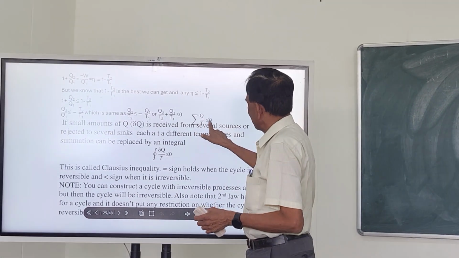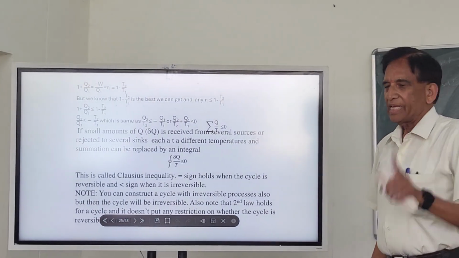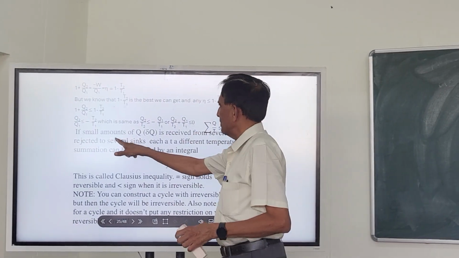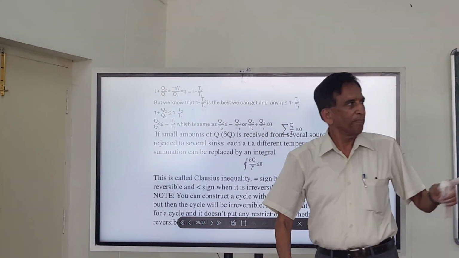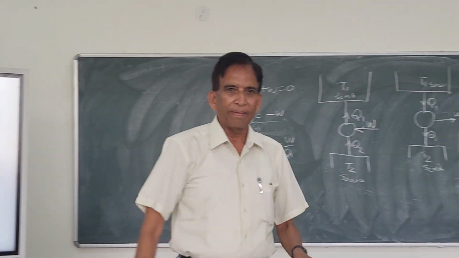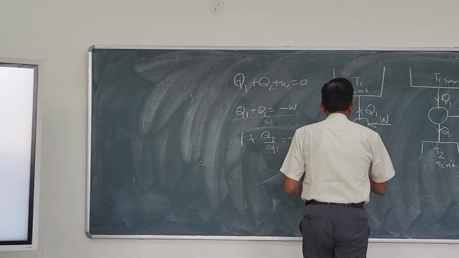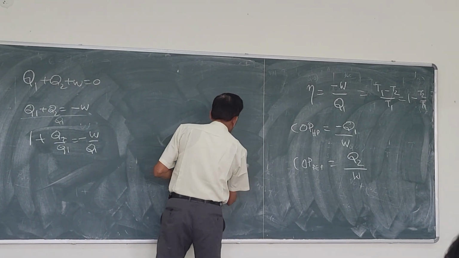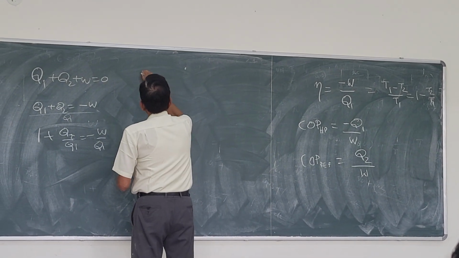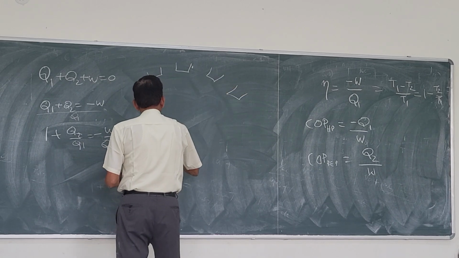So this less than sign shows when it is irreversible, and the equal to sign shows when it is reversible. If only a small quantity of delta Q is absorbed, now we have derived for a big system that constant Q1 is coming. But at the same time, let me say a situation like this: I have so many heat sources.